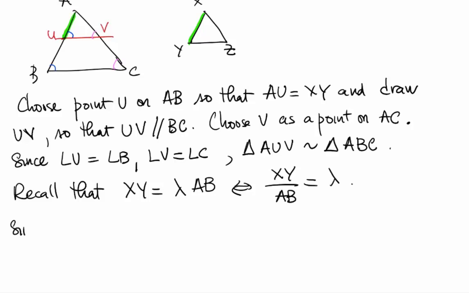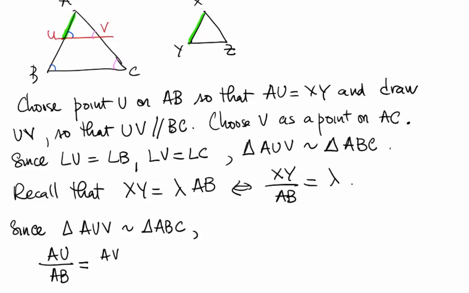Now, since triangle AUV is similar to triangle ABC, we know that AU over AB will be equal to AV over AC, which will be equal to UV over BC, but AU is equal to XY, so this will then be XY over AB, which is equal to lambda.